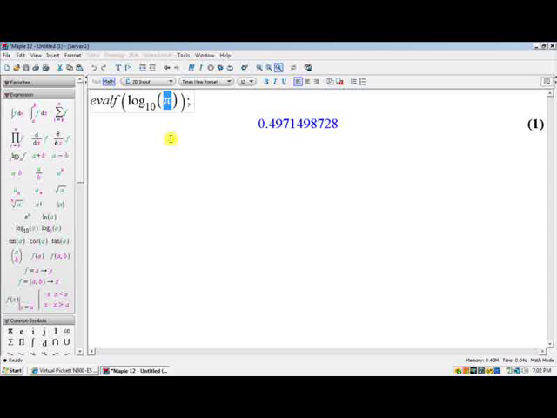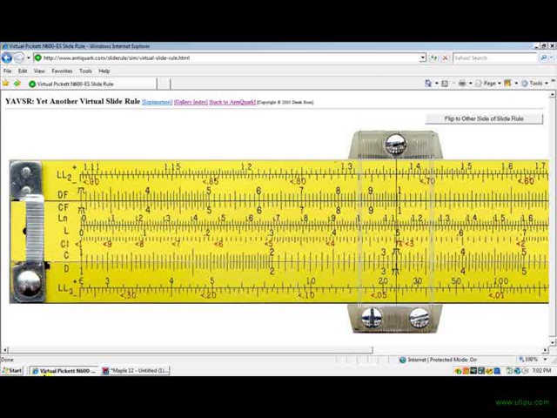So we have 314. And there you have it. So that's how you use a Mantissa scale for values that are greater than 1.